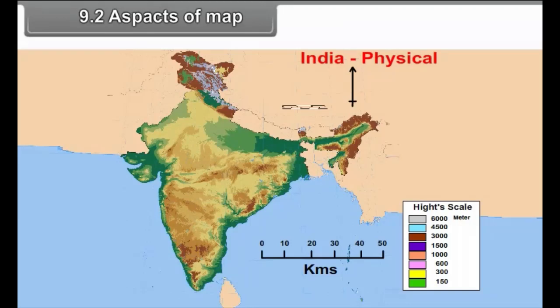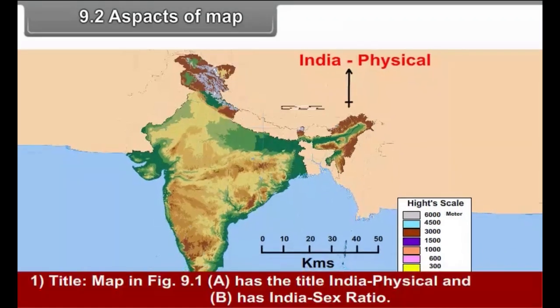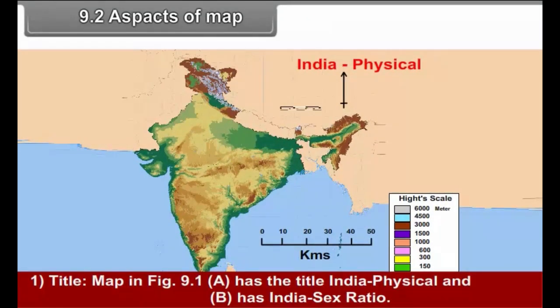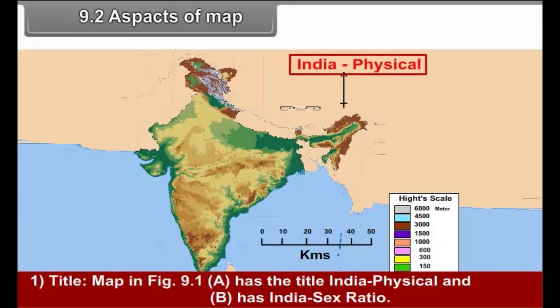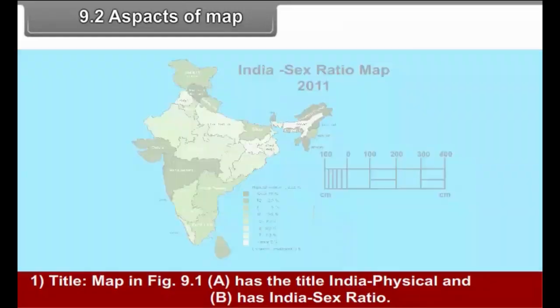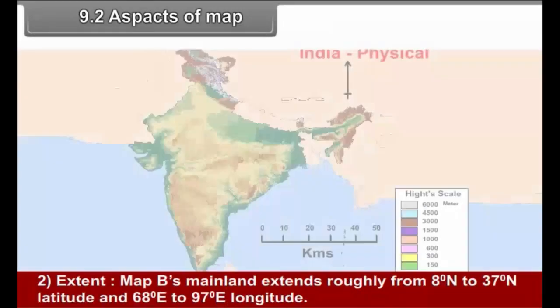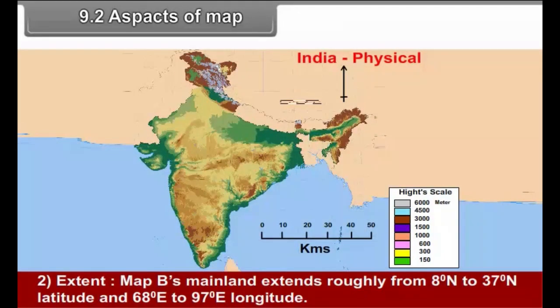9.2 Aspects of Map. 1. Title. Map in Figure 9.1 A has the title India Physical and B has India Sex Ratio. 2. Extent.